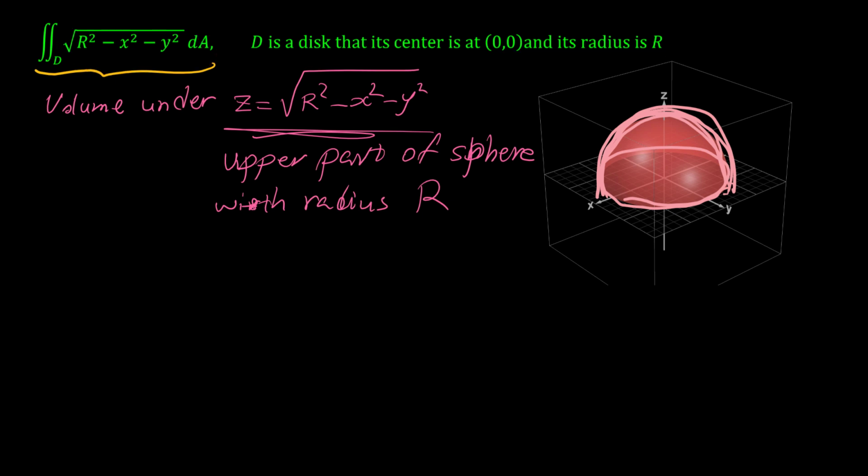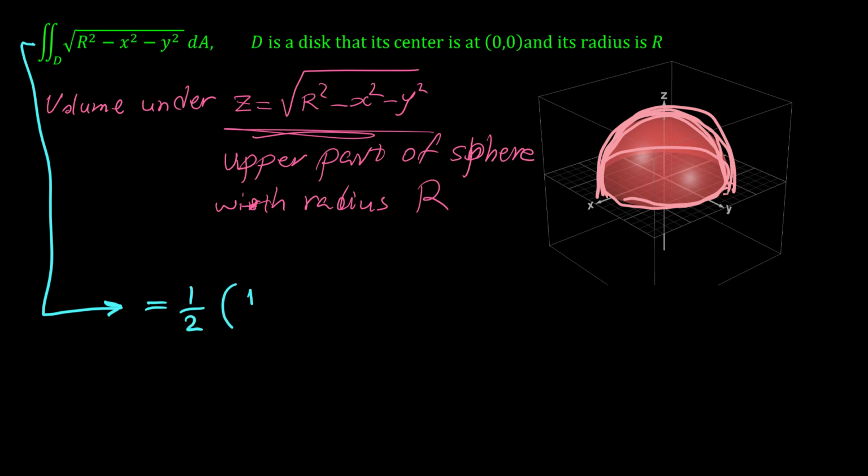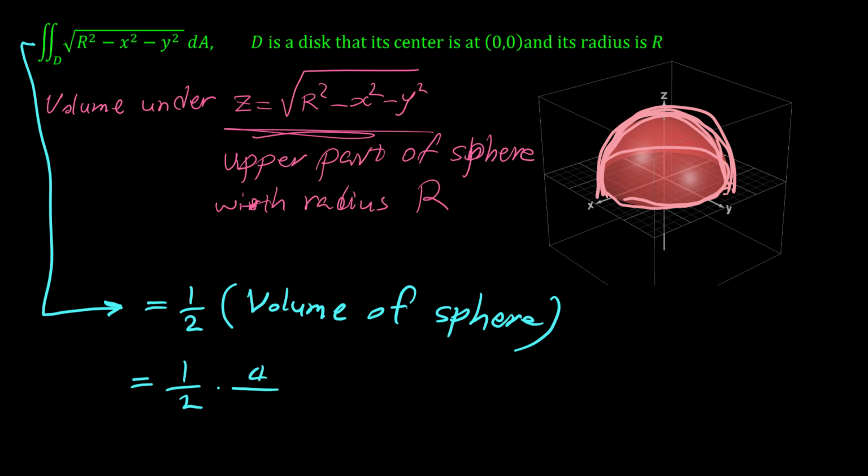So without doing any calculation, we know that this equals 1/2 of the volume of a sphere. What is the volume of a sphere? 1/2 times 4/3. The volume of a sphere is 4/3 pi r to the 3. It equals 2/3 of pi r to the 3. And this is the answer of this double integral.